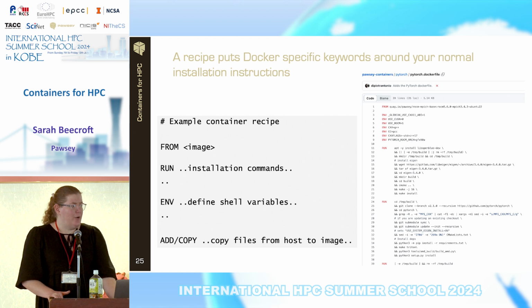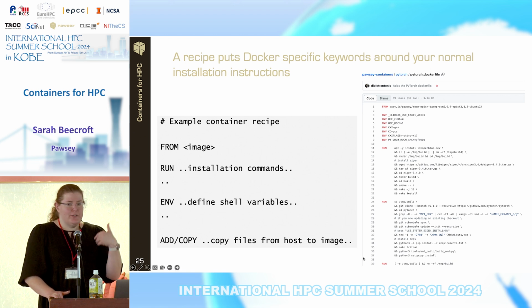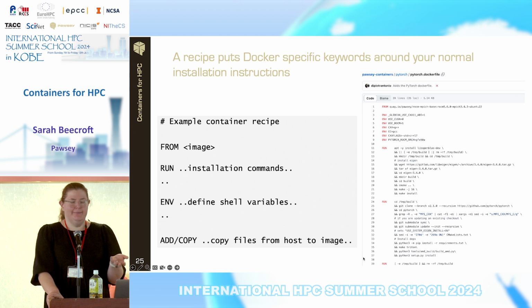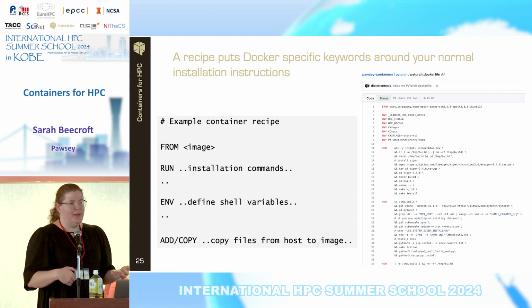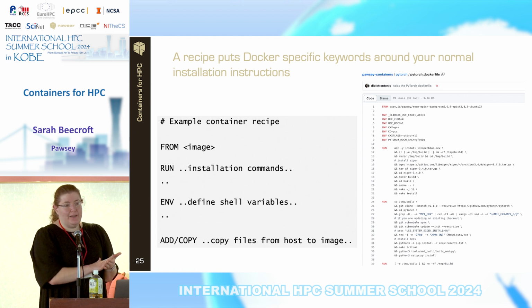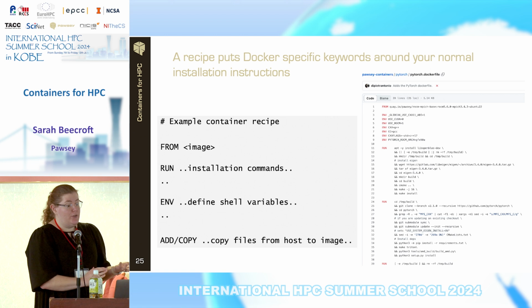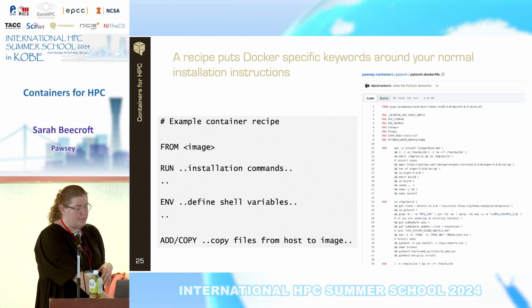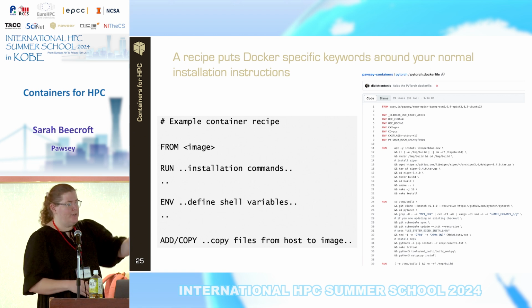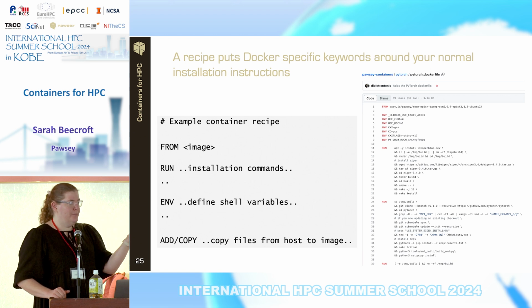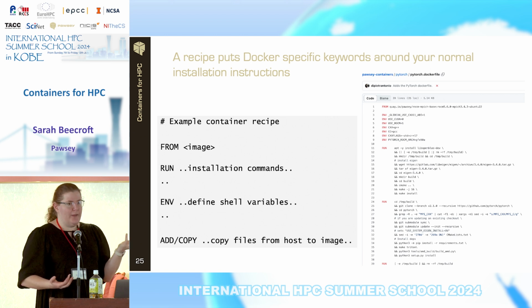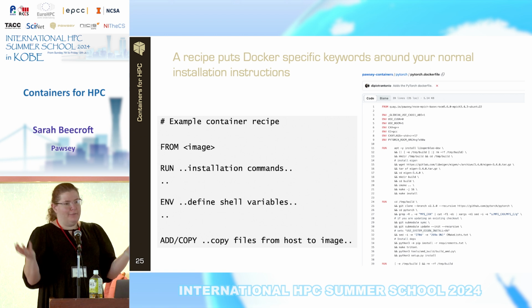You can also add and copy files from the host to the image. Sometimes you might have a YAML file that you need included, or even small bits of data that you want to make sure are in the container. You can do that. Once you've finished your recipe, you'd build it with docker build, put in a tag, and specify any files that you want to go in there.